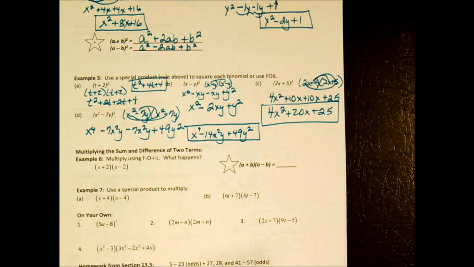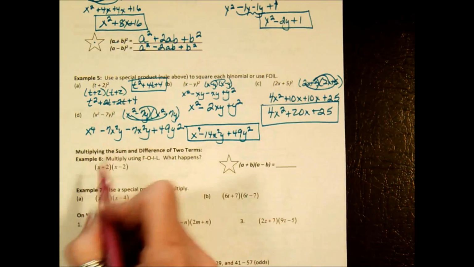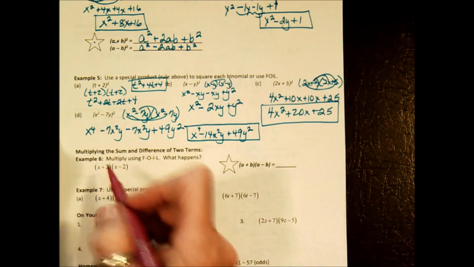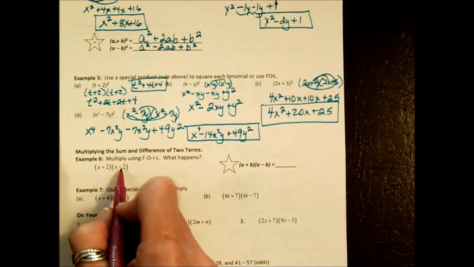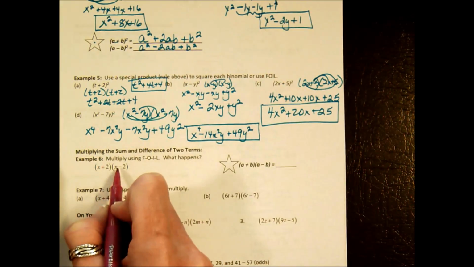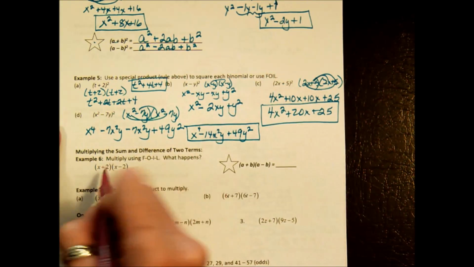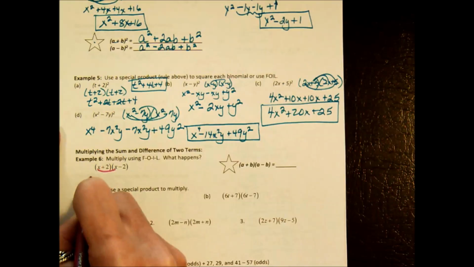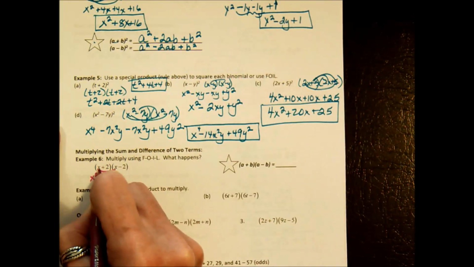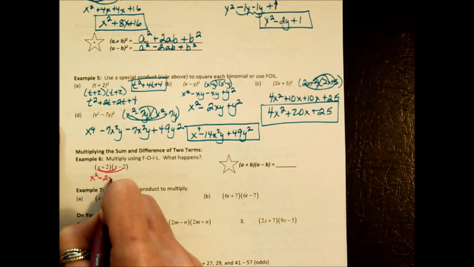We're going to look at the last thing here, something that is similar to squaring a binomial, but not. So let's look here at example 6. I am multiplying something times itself, except one is a plus and one is a minus. So watch what happens when you FOIL that. You still get the first one squared. Outside is minus 2x.